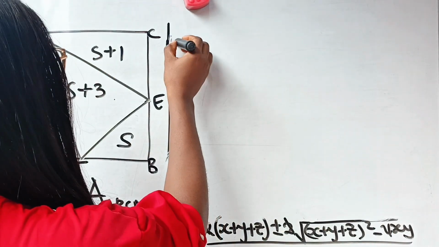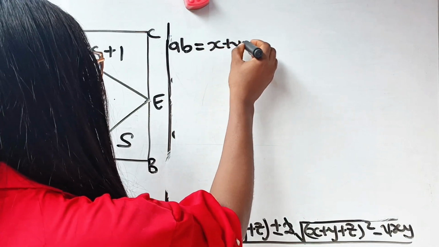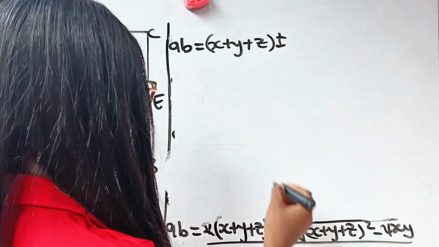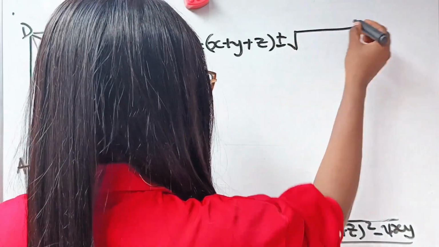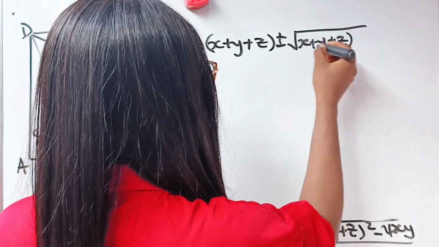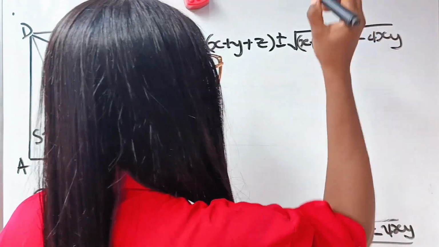Now we have ab is equal to x plus y plus z, plus or minus the square root of x plus y plus z squared minus 4xy.